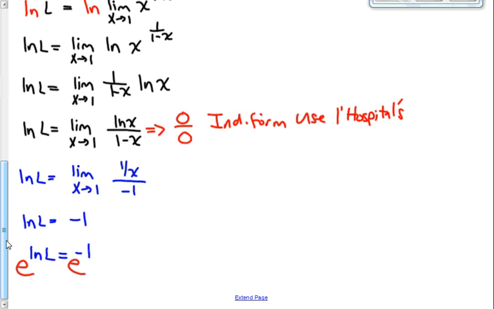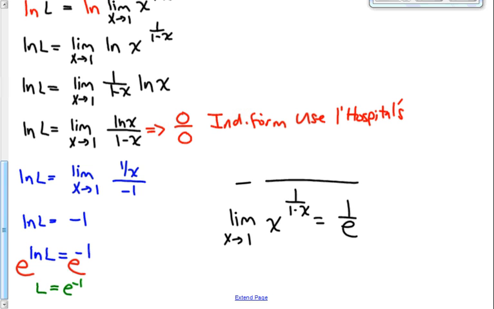So now I have e raised to the natural log of L, and e raised to the natural log of L is just L, and e raised to negative 1 is e to the negative 1, or 1 over e. So let's rewrite what my actual answer is. The limit as x approaches 1 of x raised to the 1 over 1 minus x is 1 over e, or e raised to the negative 1, whichever you prefer.